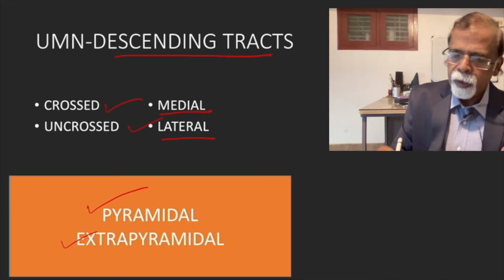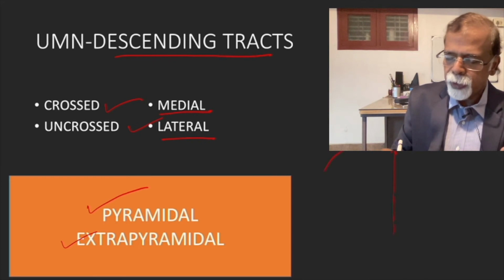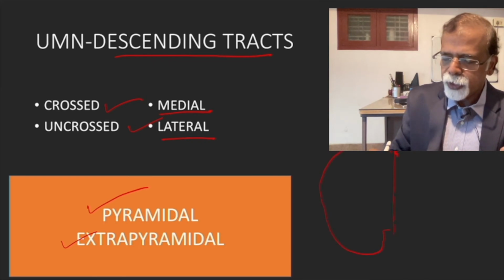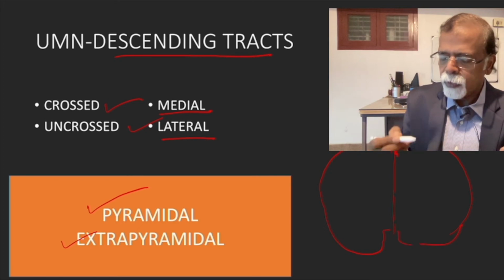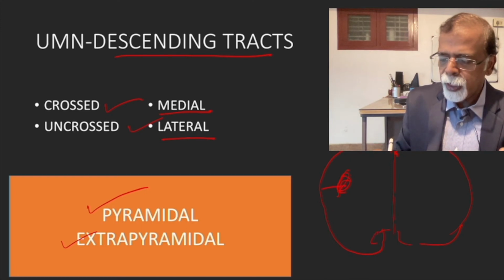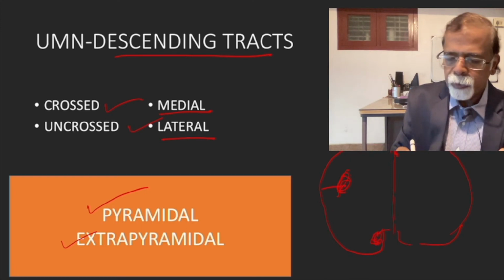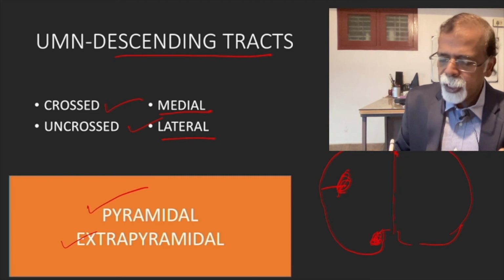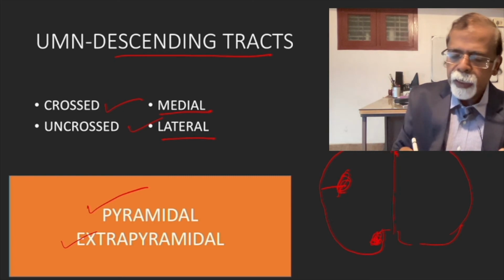If you draw the picture of the spinal cord, so this is the spinal cord. Depending upon the position of the tracts, you can call whether they are laterally situated, so this is lateral, and whether they are situated in the anterior or the medial part. So medial pathway tracts and the lateral tracts.